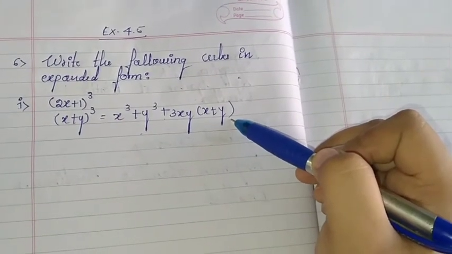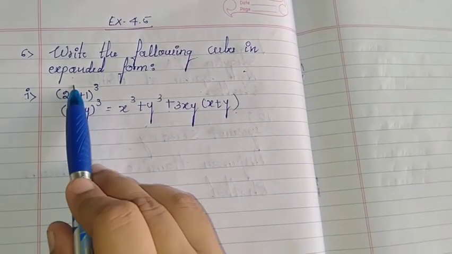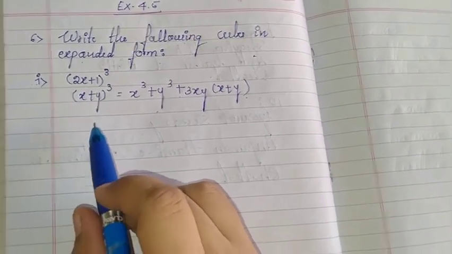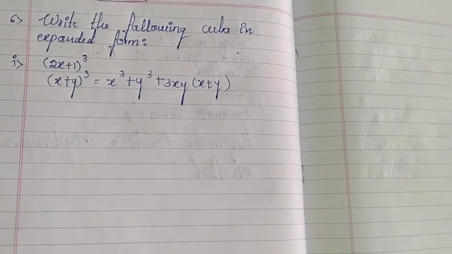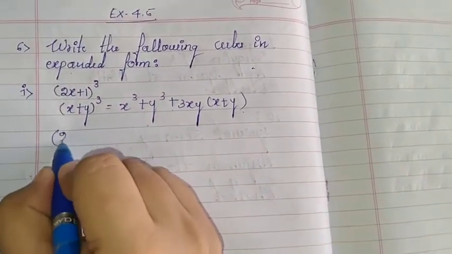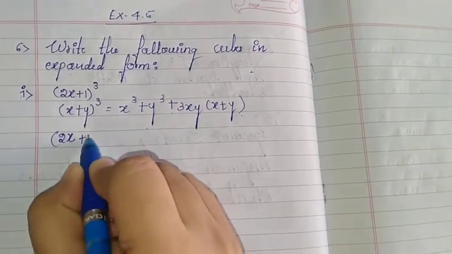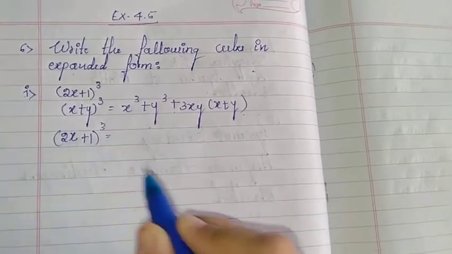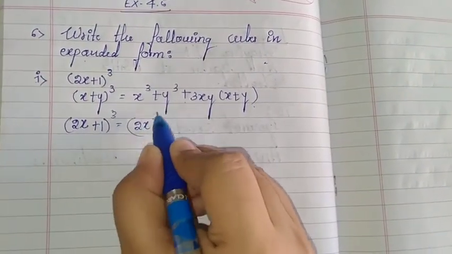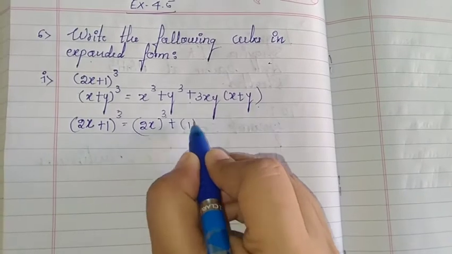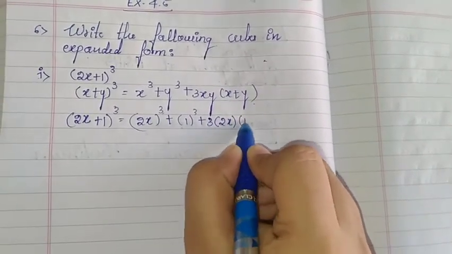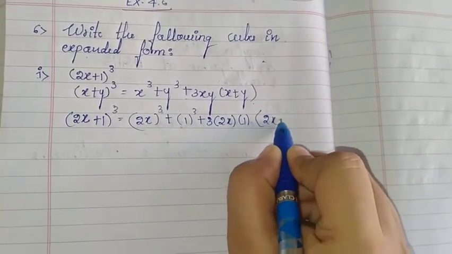Okay, so now you can see over here, in place of x here 2x is there and in place of y here 1 is there, right? So just substitute the values over here. So (2x + 1) the whole cube will be equal to (2x) the whole cube plus 1 the whole cube plus 3 into 2x into 1 into (2x + 1).